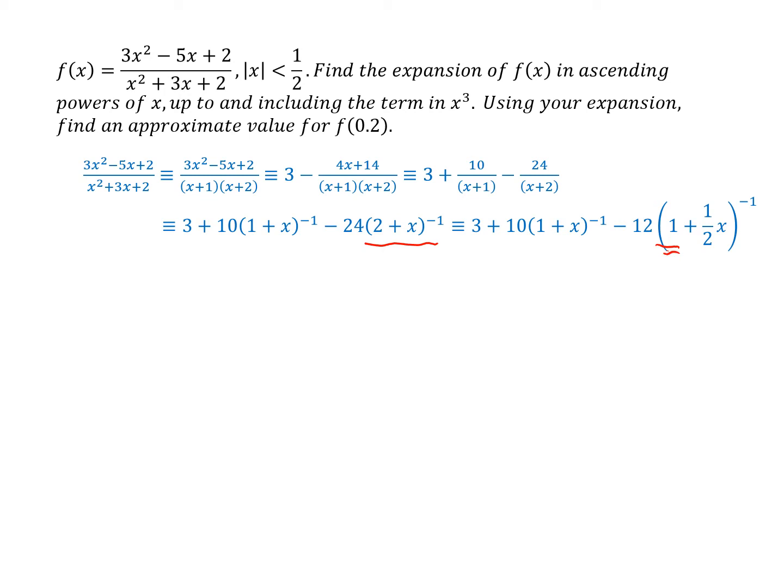So this is 2 to the power minus 1, which I'm taking out of the bracket. So that means that we are multiplying this minus 24 by 2 to the power minus 1, giving us minus 12. And then inside the brackets we've got 1 plus a half x.